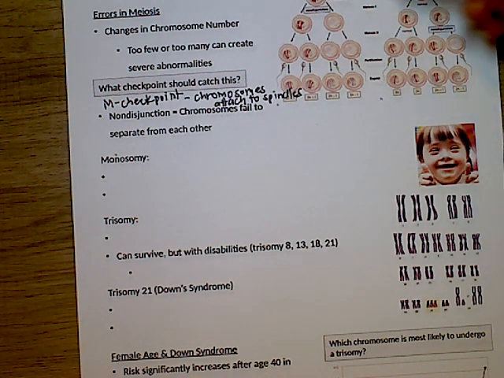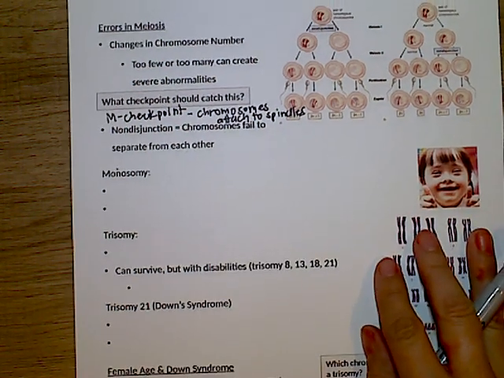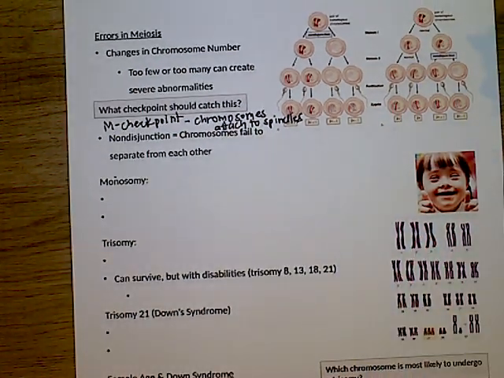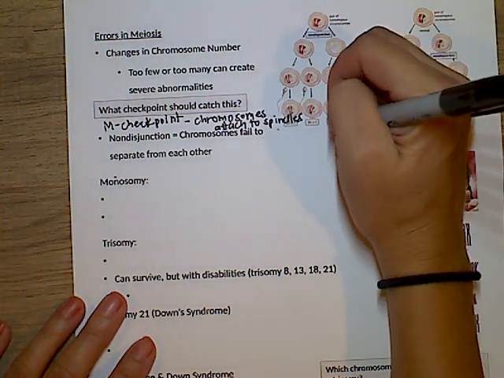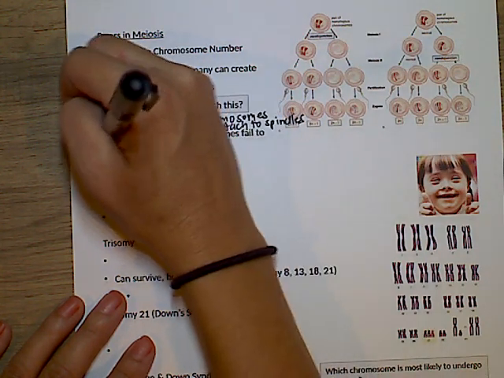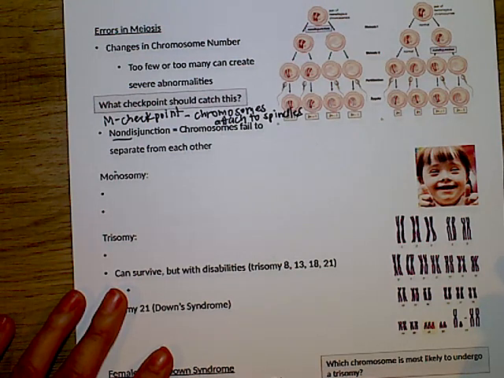So if they don't attach correctly, they're not going to pull apart in the ways that they should. And that's where you get this non-disjunction, where the chromosomes fail to separate from each other.